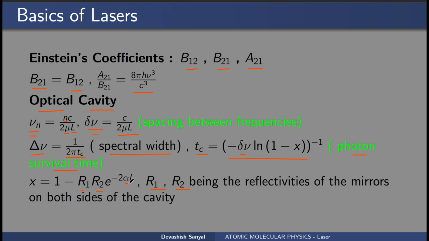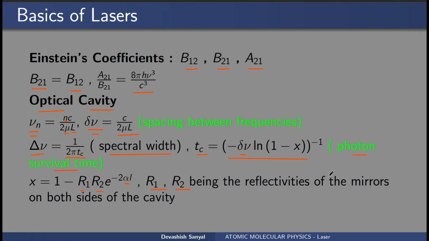Alpha represents the loss of radiation inside the cavity, and if R1 and R2 are 1, then from reflection there is no loss, but in general in one case R1 will be very close to 1, and in the other case R2 will be slightly less than 1 to get the output from the laser.